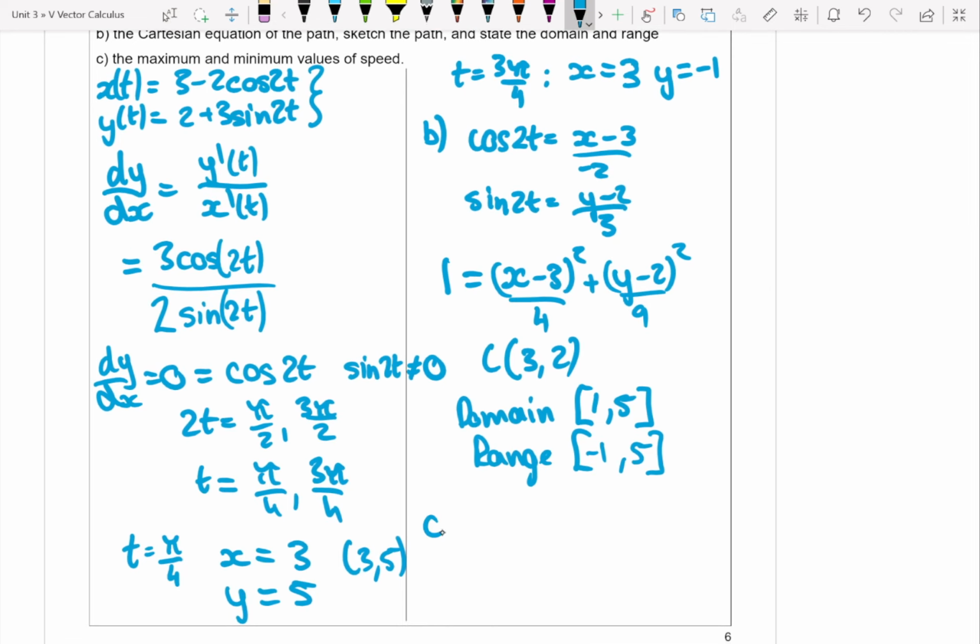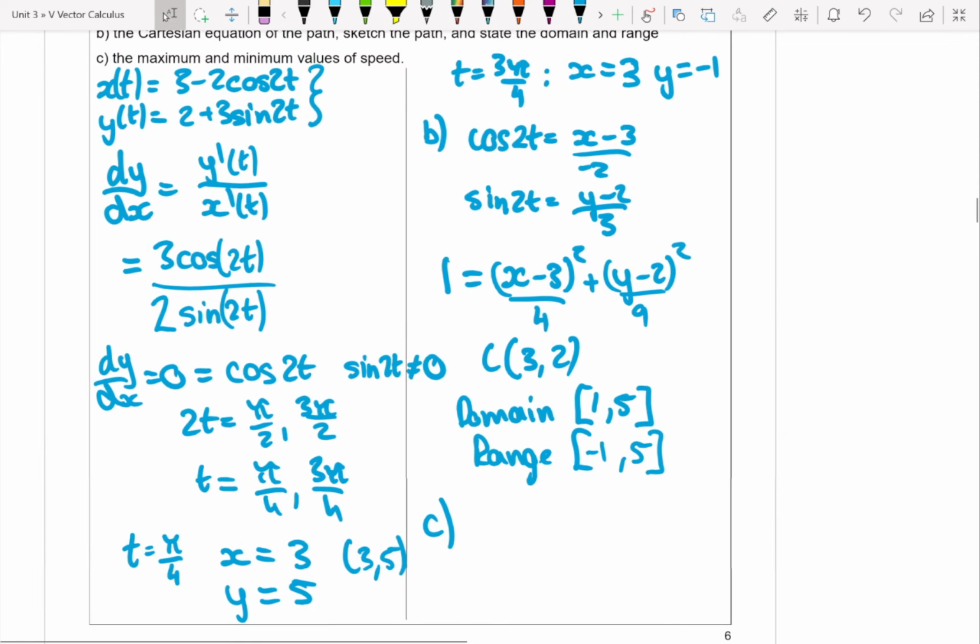And part C, we've got the maximum and minimum values of speed. So the maximum and minimum values of speed is going to be based off the magnitude of r dot of t.